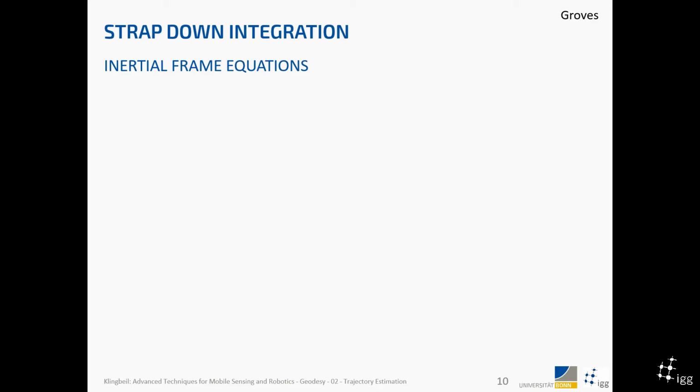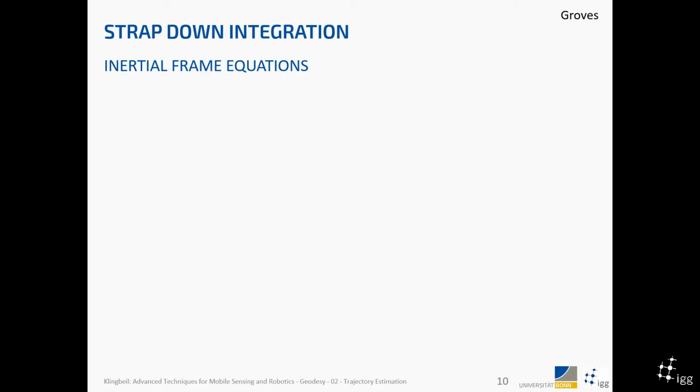The strap-down integration algorithm can be formulated in different coordinate systems, and the easiest one is the formulation in the inertial frame equations. What it means is that if I use the inertial frame equations, my resulting position and orientation are given with respect to the inertial frame.